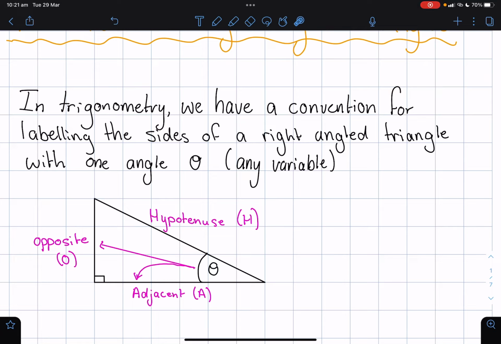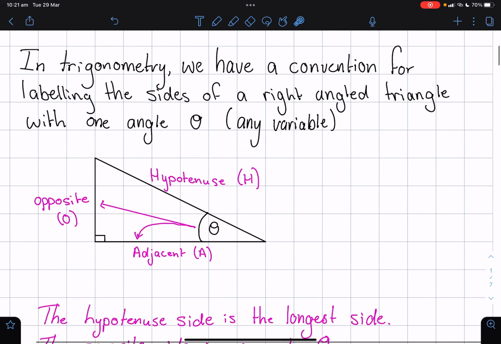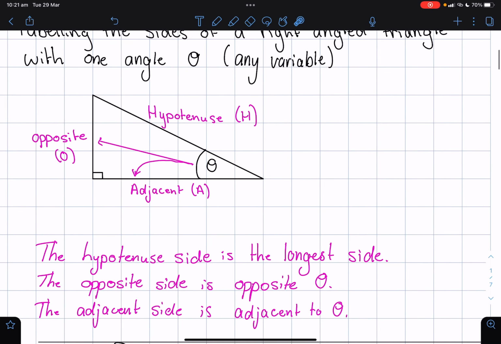And then finally, our adjacent side is the one length left, or the one that touches our theta, okay? So the side that touches theta that isn't the hypotenuse is the adjacent. All right, so the hypotenuse side is the longest side, the opposite side is opposite theta, and the adjacent side is adjacent to theta or touching theta.